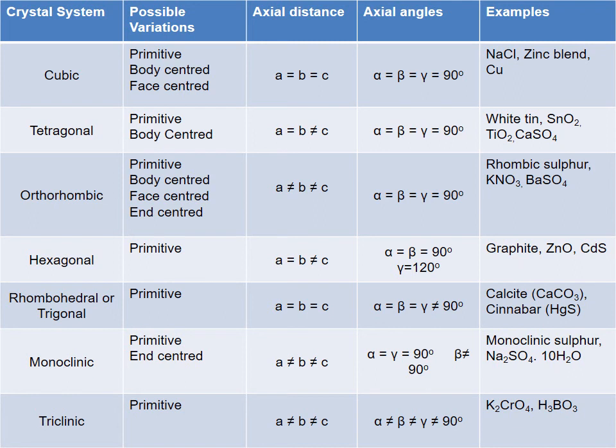Hence, it is termed that there are 14 Bravais lattice structures. In the third column, you can see that the edge lengths are indicated, which are considered as axial distances. The fourth column represents axial angles, that are the angles between edge lengths, and examples are given in the fifth column.